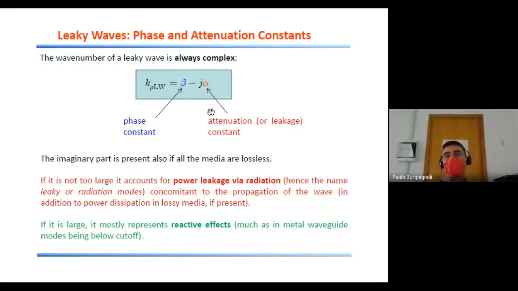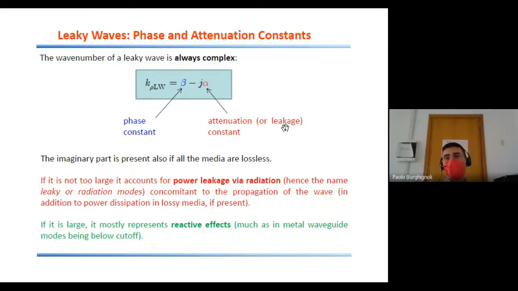So the presence of an attenuation in the wave is not related, or not only related, to losses in the media, if any. If that imaginary part is not too large, it accounts for power leakage via radiation.